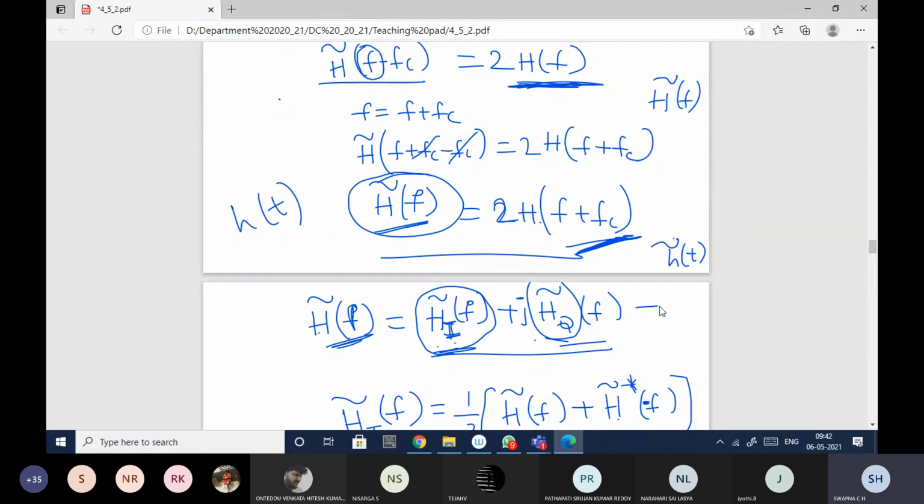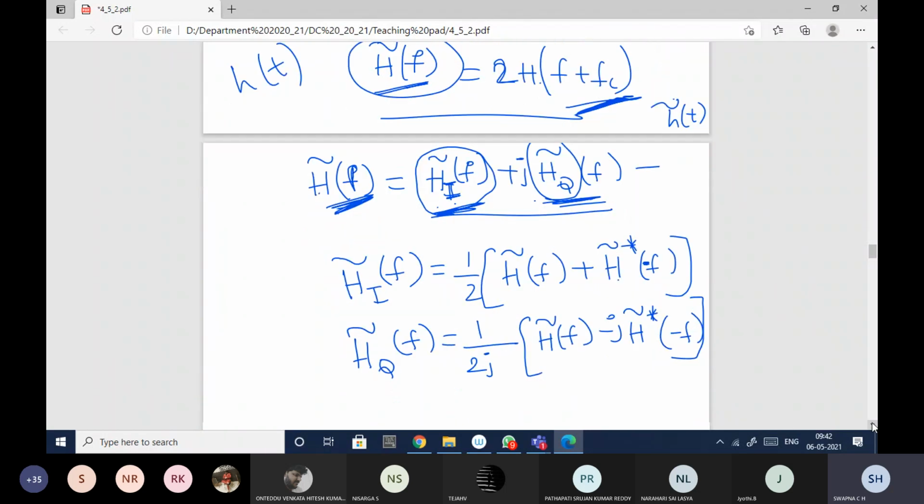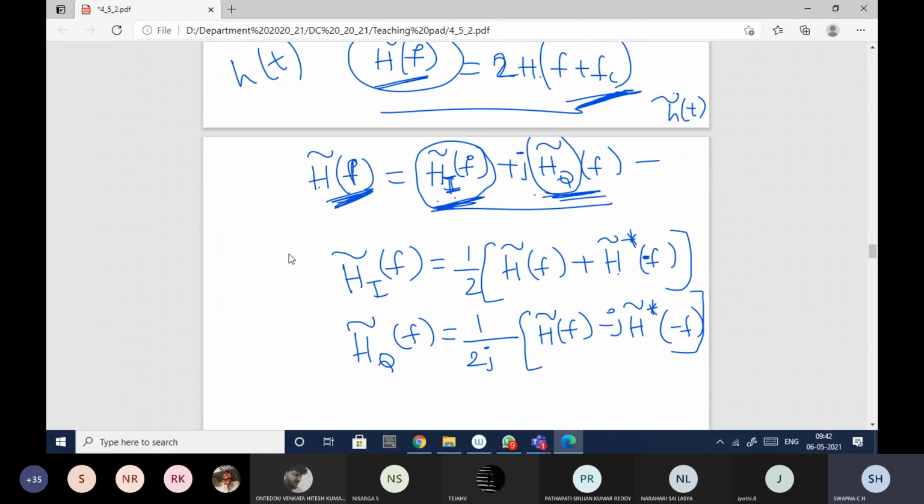So if I know H_I tilde of f and H_Q tilde of f, I'll be able to find H tilde of f.